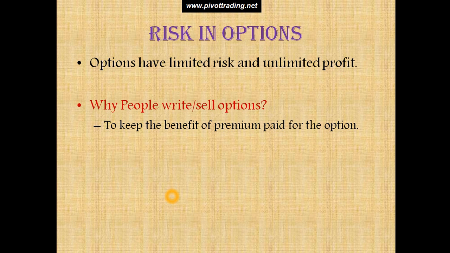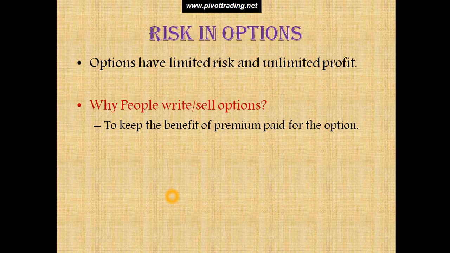See, options have limited risk and unlimited profit. What does this mean? The amount of premium, or the option price that you pay, is your total risk. When you're buying the options, you're just paying the premium, just paying the token.